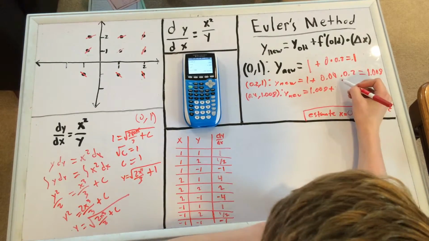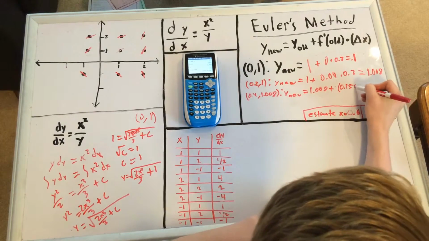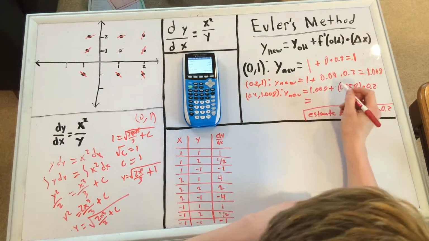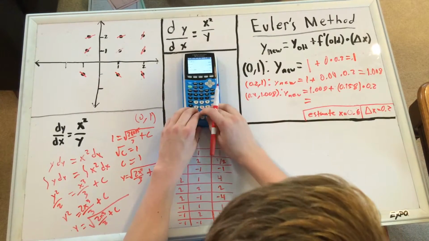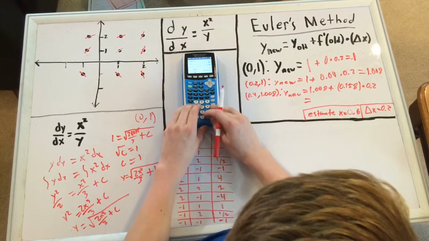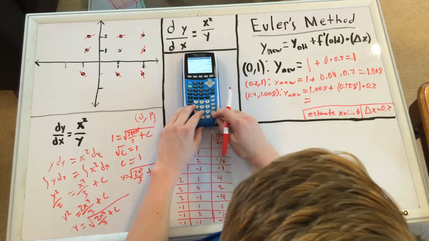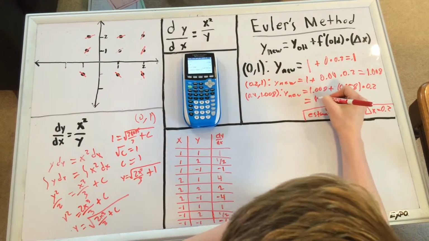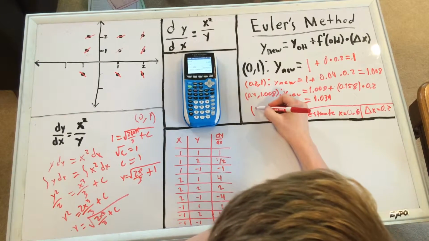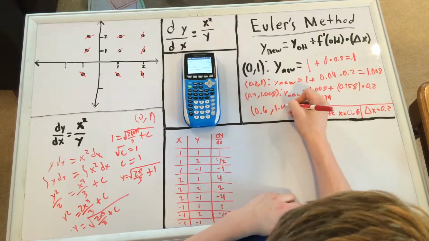So now we have a value of 0.158 times 0.2, which all comes out to equal 1.008 plus 0.158 times 0.2, that will equal 1.039. So we get the final point of x equals 0.6, y equals 1.039.